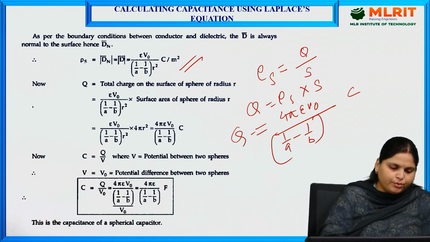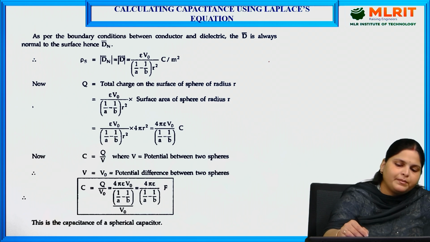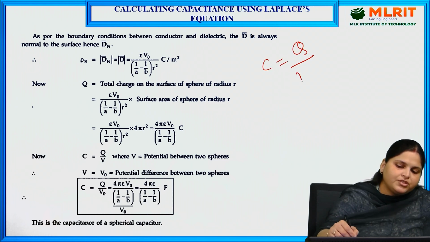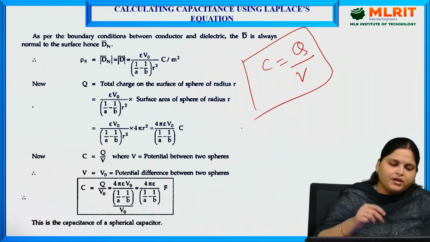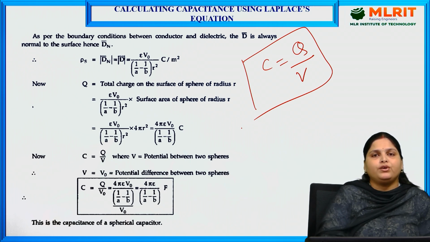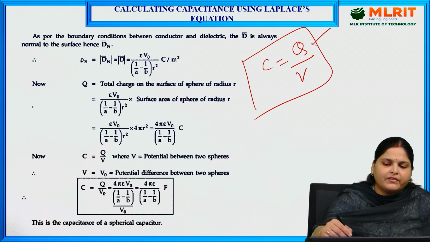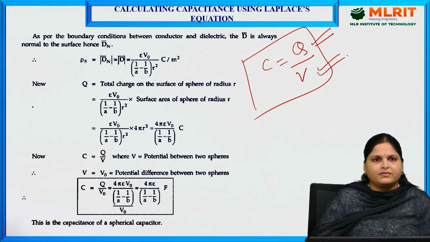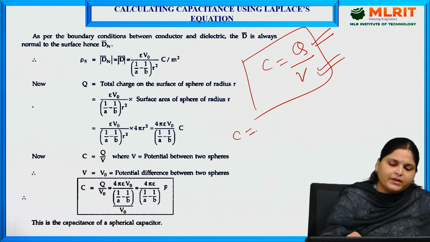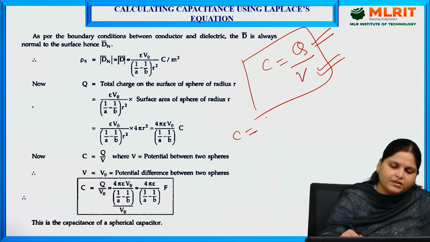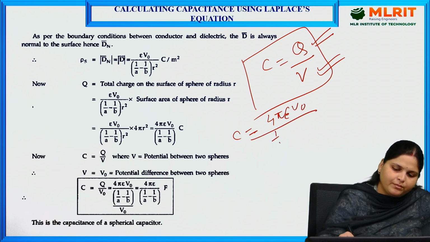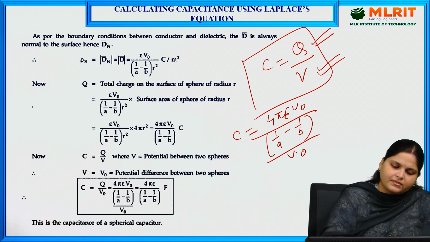Now we have a formula that capacitance is equal to charge upon the potential between the two spheres. We have already derived the equation for Q as well as the equation of potential, so we will use both in this formula, and we get 4 pi epsilon V naught divided by (1 upon A minus 1 upon B) upon V naught.